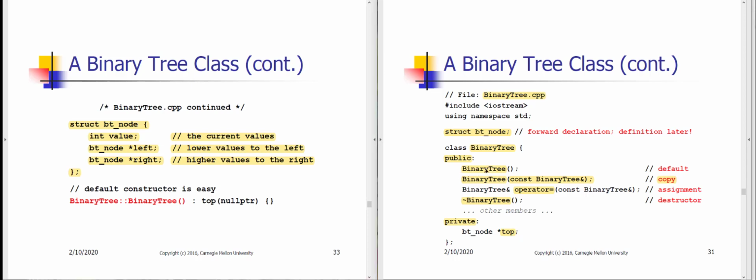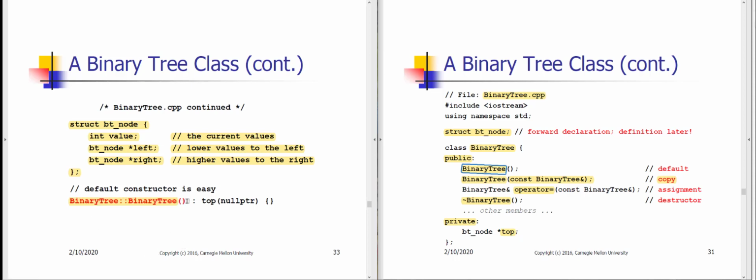So first of all, let's define the default constructor. Well, the default constructor is easy. We know that to represent an empty binary tree object, we simply want the top to be set to null pointer or 0. So this one-line definition here says that binary tree is a member of the binary tree class.